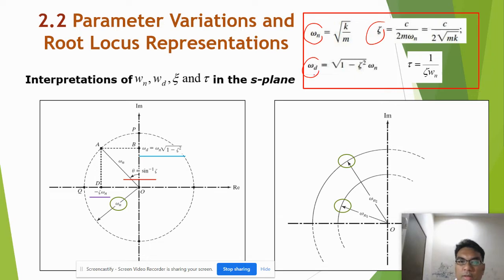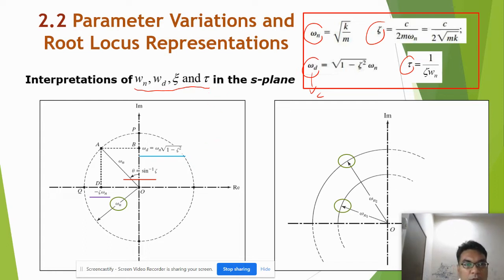This is the damped one: when the system has damping elements, there will be the undamped and also the damped natural frequency. And this is the period of time that you can determine for the response of the system. This is an example plot of how you can interpret omega n, omega d, the damping ratio, and also the time in the S-plane.